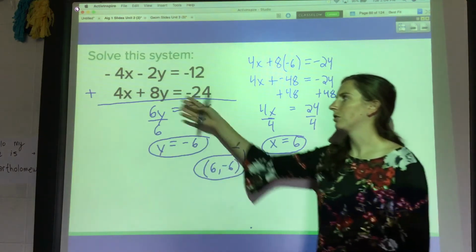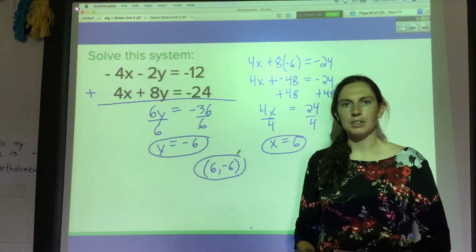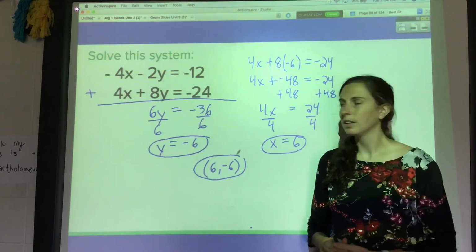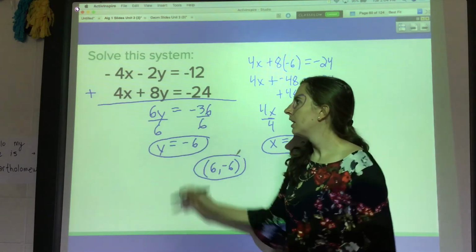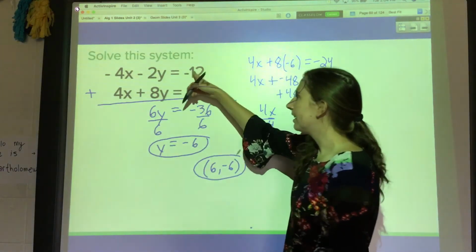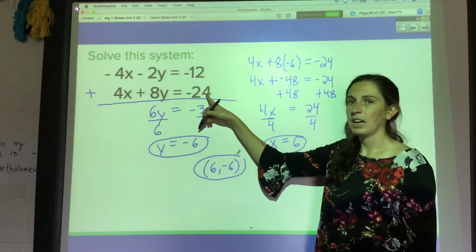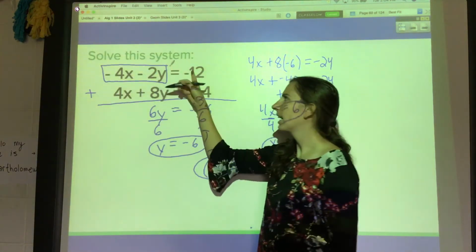Why are we allowed to just add the equations together? This is actually the addition property of equality, which is as long as you do the same thing to both sides of the equation, it's a legal move. And that is what we're doing here. So I added negative 12 to this side of the equation. Remember, this is negative 12.